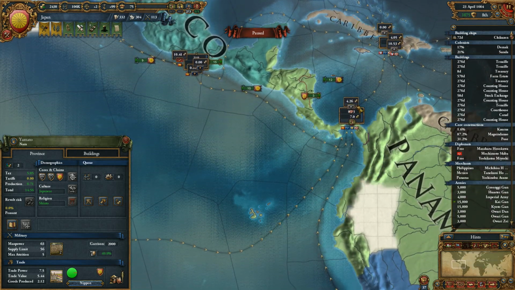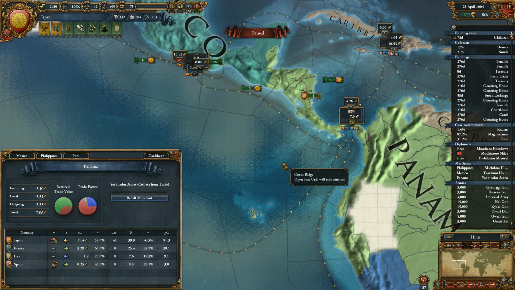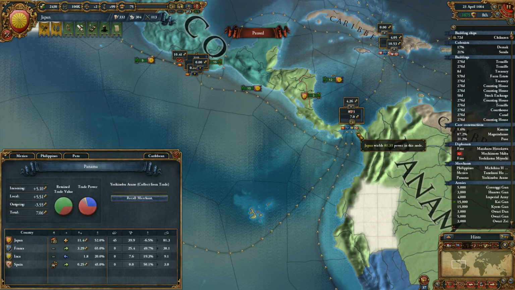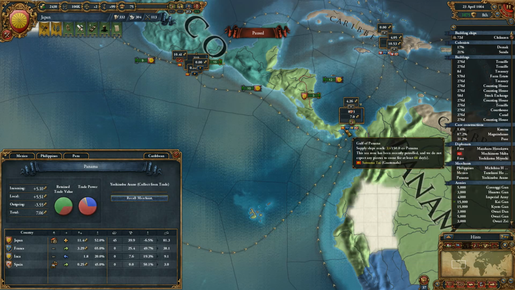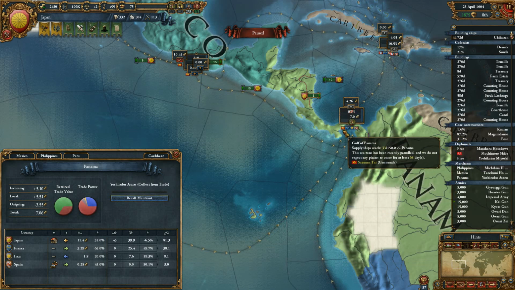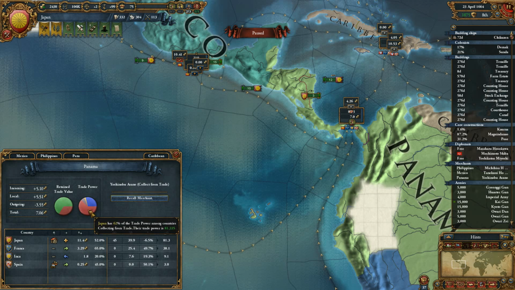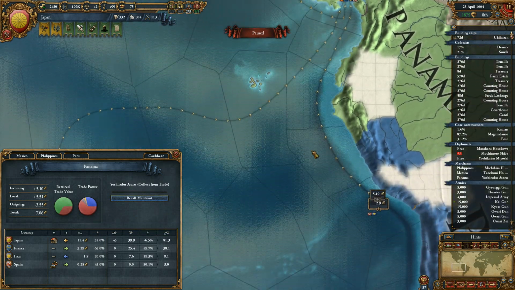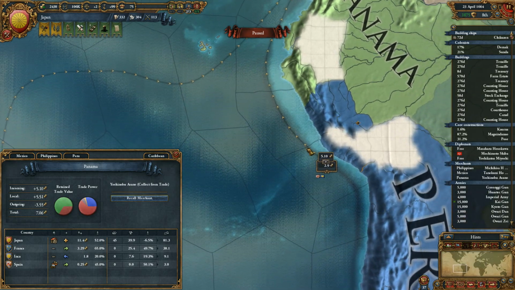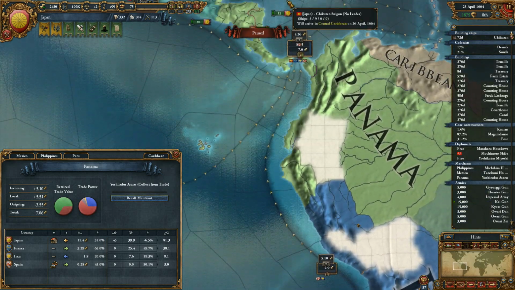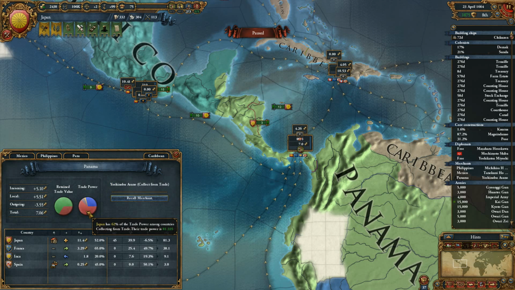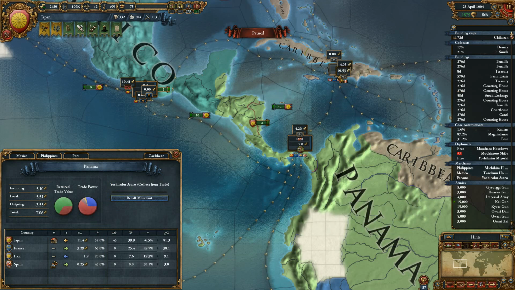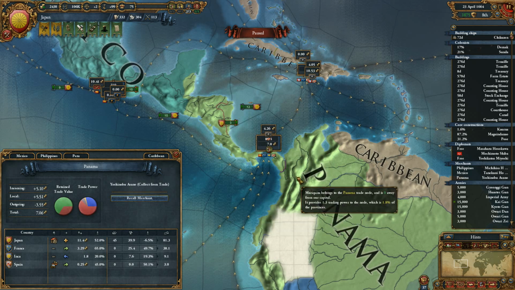So what we're doing here is I have one merchant here collecting money. Now, due to some ships, and because I own some of this territory and I've put some effort into increasing their trade value, I own 62% of the trade here. So even though down here in Peru they are shipping their money to the north, I am essentially stealing 62% of it before the Europeans can collect it and send it back home.